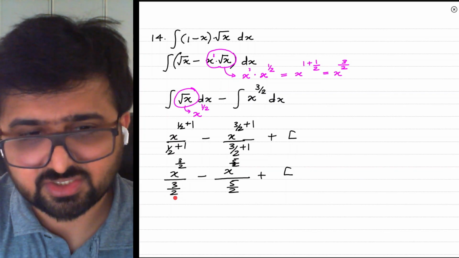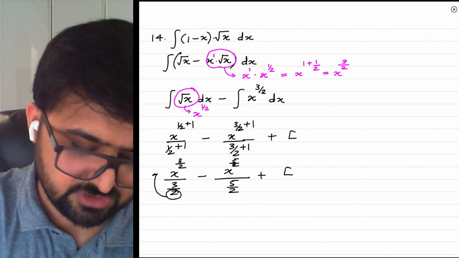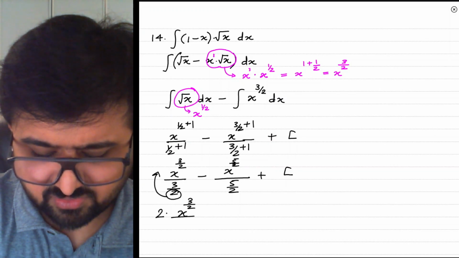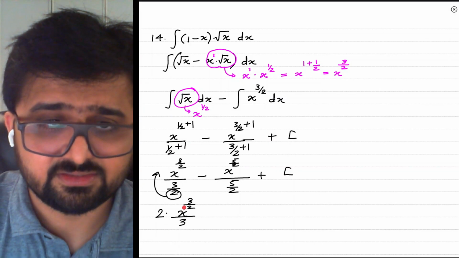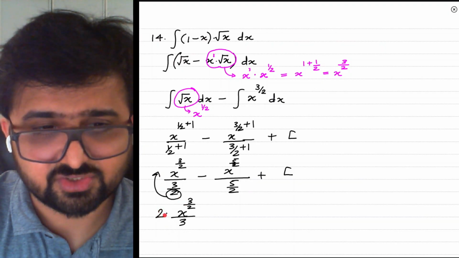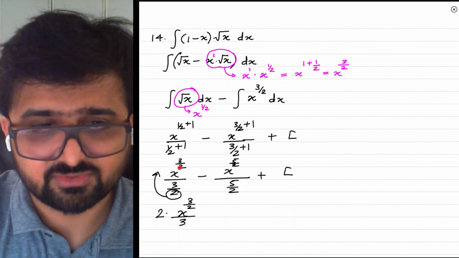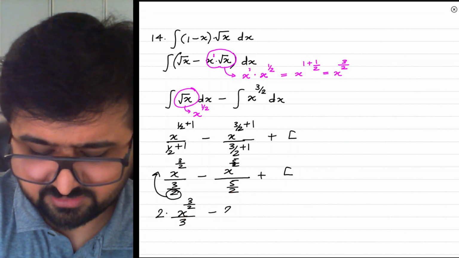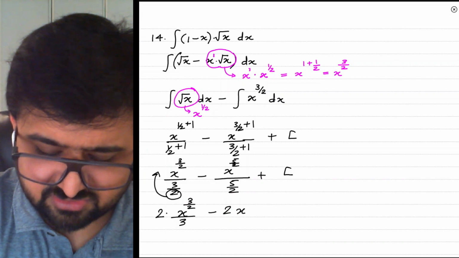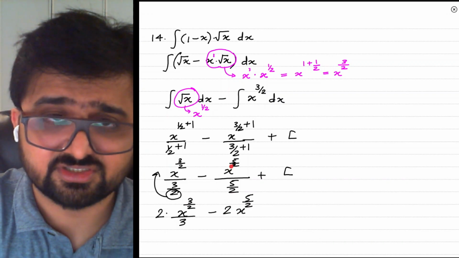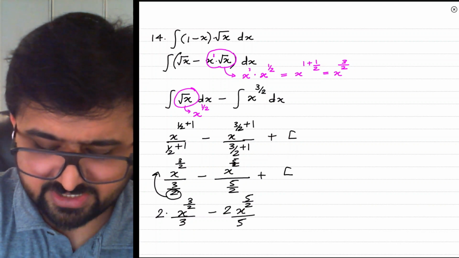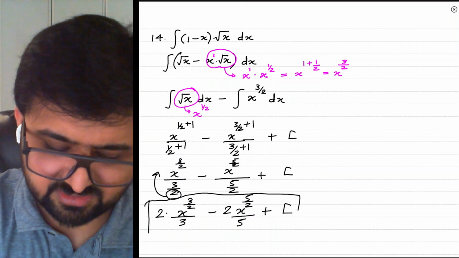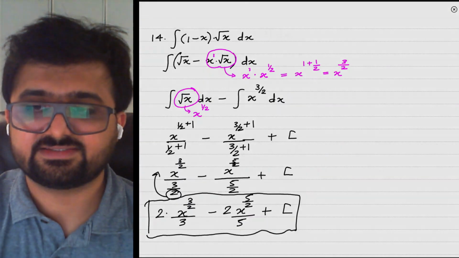A denominator's denominator goes in the numerator, so that 2 can go in the numerator and you get 2 x to the power 3 by 2 over 3, minus, again that 2 goes in the numerator, so 2 x to the power 5 by 2 divided by 5, plus the constant of integration c. That's your result of the integral. I hope that makes sense.